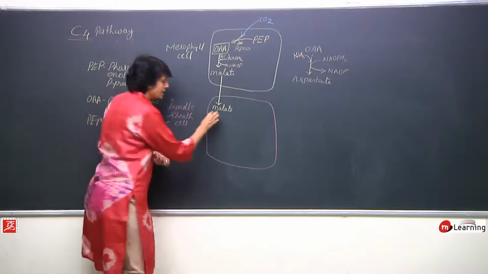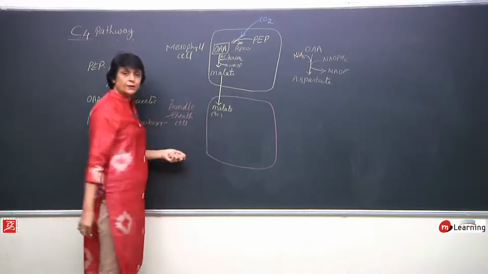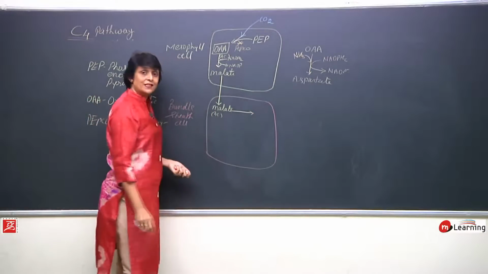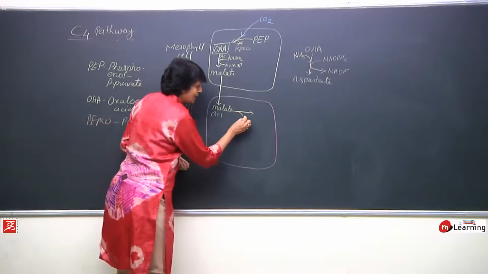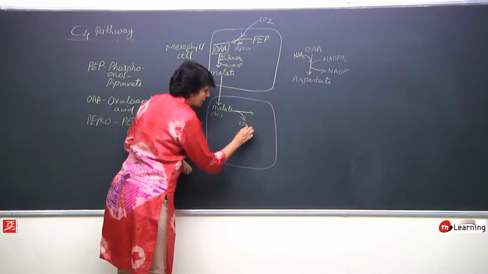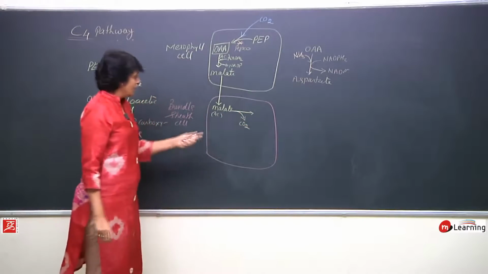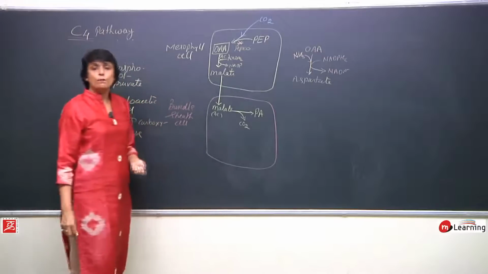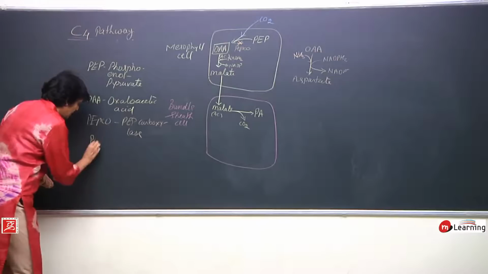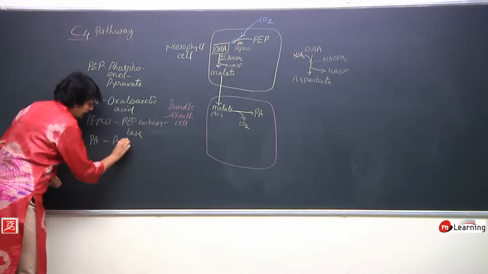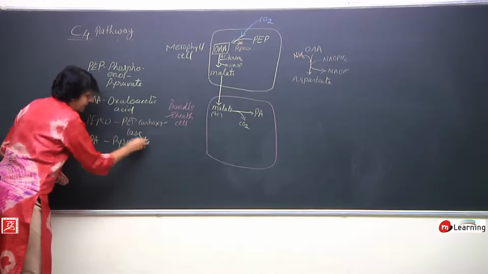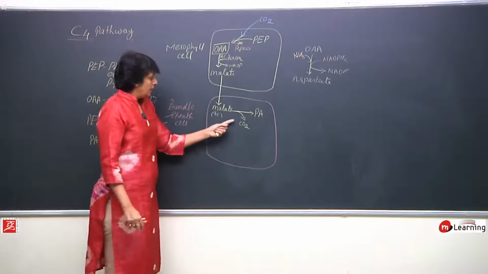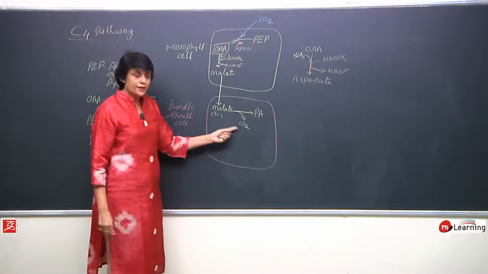So malate, which is also a 4-carbon compound, dissociates into a 3-carbon compound, and 1 carbon is released in the form of carbon dioxide. So this 3-carbon compound is pyruvic acid or pyruvate. So now carbon dioxide is released.